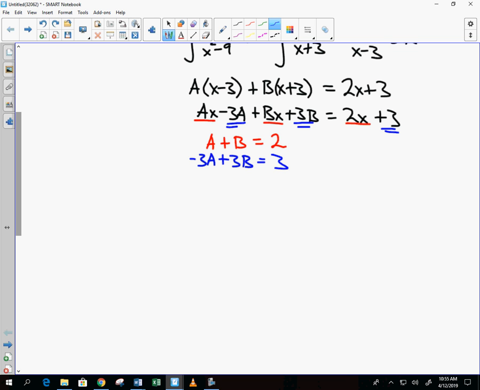Good. Now, I'm a person in this situation, and you can handle it however you want. But without a doubt, I like to factor a 3 out of the bottom. So you're allowed to divide through or multiply through anything that you want. So this makes Rebecca uncomfortable. I'm sorry, Rebecca. But I have a plus b is 2.